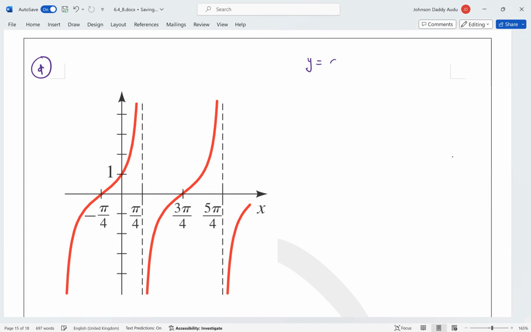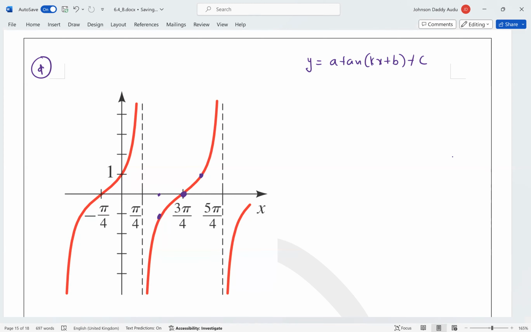So y is a tan kx plus b, plus c. Clearly, where is the maximum? So we are here. This point is going to be 1, and this point here should be minus 1.